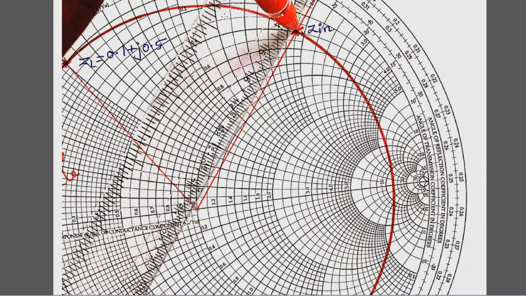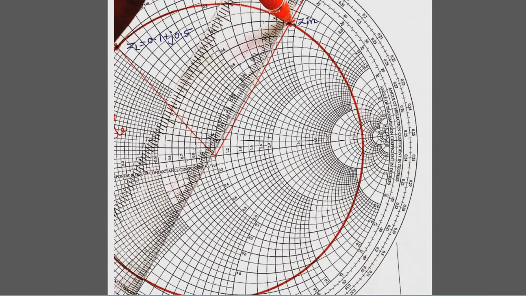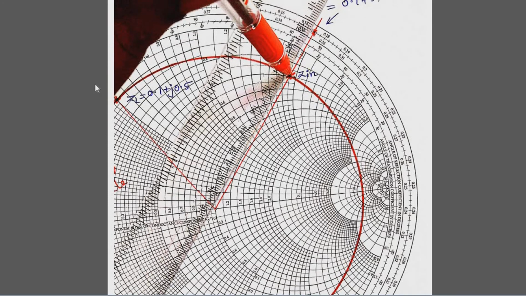So this was the scale, you can see. You join the ZL point, the wavelength angle, the reflection coefficient you found. Now with that wavelength you add the transmission line length and reach the Z in wavelength. That Z in wavelength extended to the origin, you are going to get Z in.